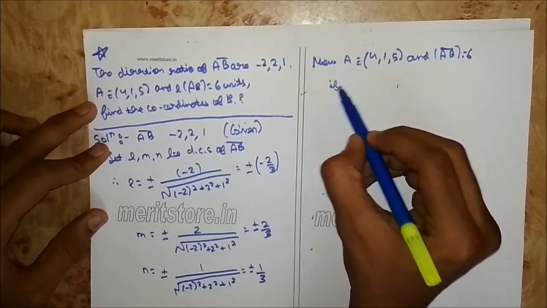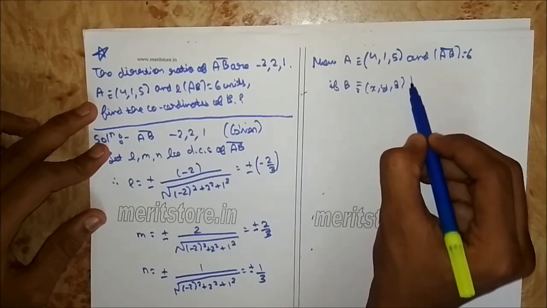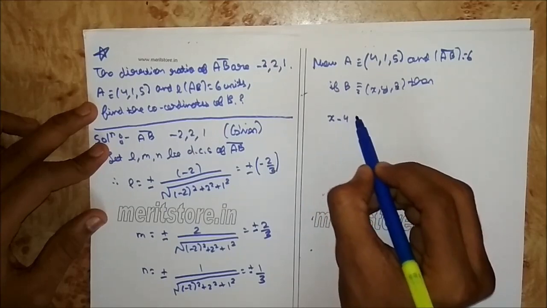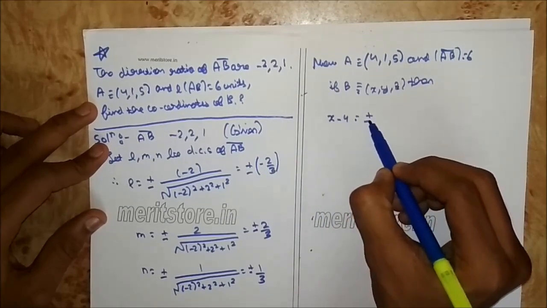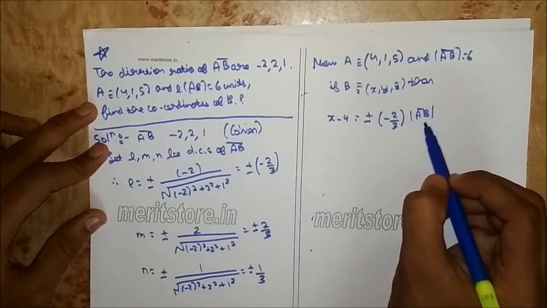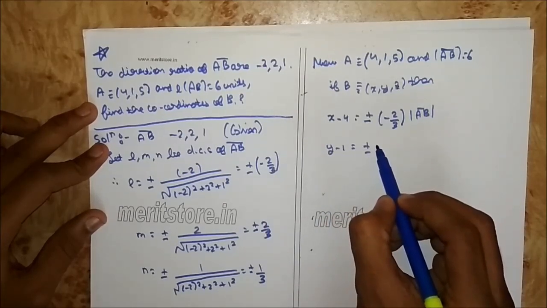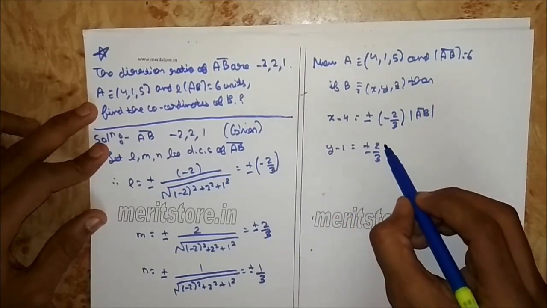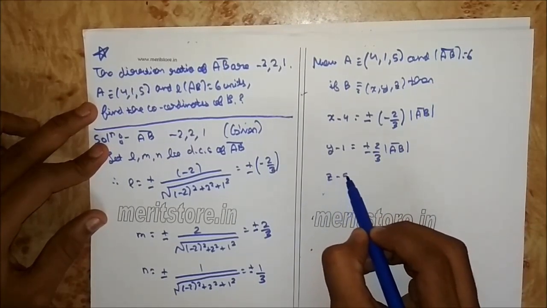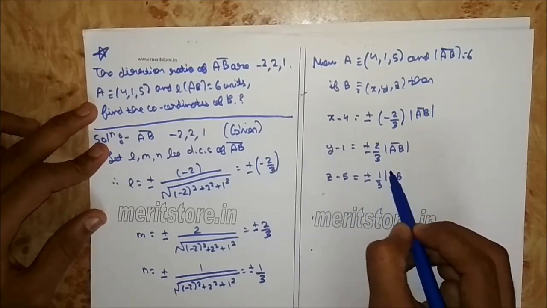So if B is (x, y, z), then x minus 4 is equal to plus or minus 2 by 3 AB, y minus 1 is equal to plus or minus 2 by 3 AB, z minus 5 is equal to plus or minus 1 by 3 AB.